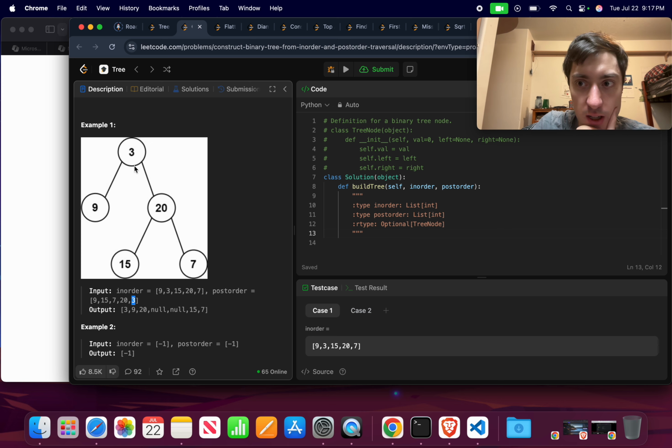So I see this 3, and that's where the head is. Okay. Then I look here, and I process everything. I know that the head is at the last index. Okay. So then I can come here and get all of the values right here. Okay, so it's just 9. 9 is there up until I reach this 3, the head.